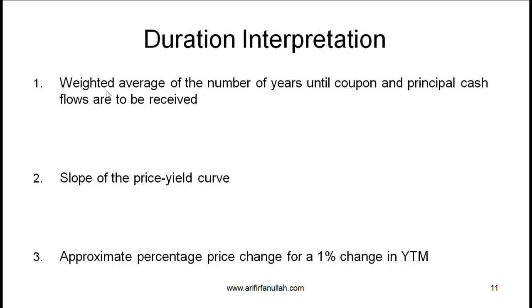Basically the point here is that there are three possible or three major interpretations of duration. The original interpretation of duration is that it is the weighted average of the number of years until the coupon and principal cash flows are to be received. So if you are reading an old finance textbook and you notice something like duration is 5 years, then they are using this interpretation.